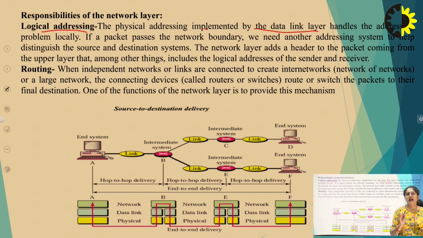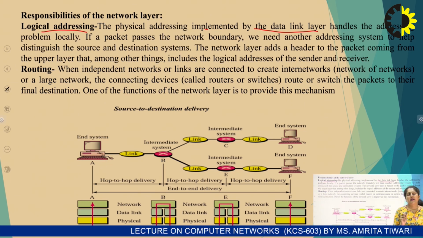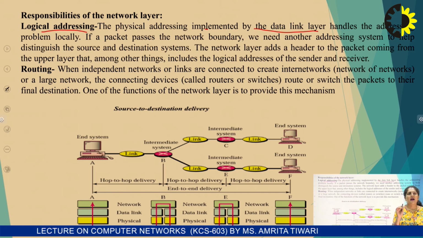The network layer adds a header to the packet coming from the upper layer. Upper layer means the transport layer, and that header includes, among other things, the logical addresses of the sender and the receiver. The main function of the network layer is routing, how packets are routed from the source to the destination.